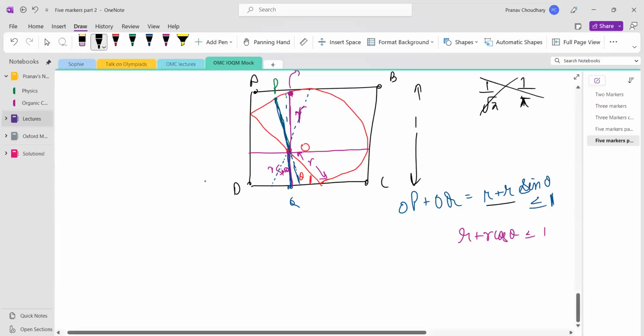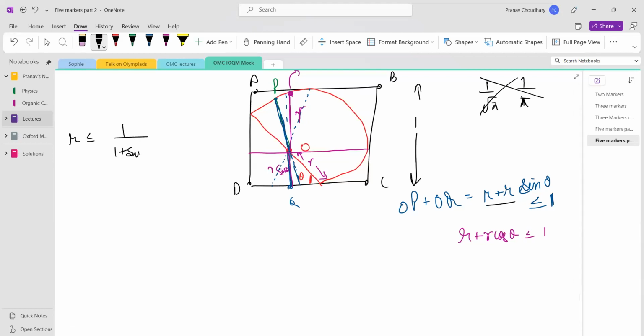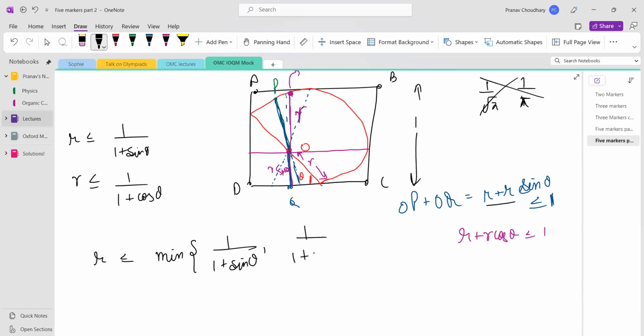So from this sine theta equation, you have that R is less than or equal to 1 over 1 plus sine theta. And from the other equation, you have R is less than or equal to 1 over 1 plus cosine theta. So overall, R is less than or equal to the minimum of 1 over 1 plus sine theta and 1 over 1 plus cosine theta.